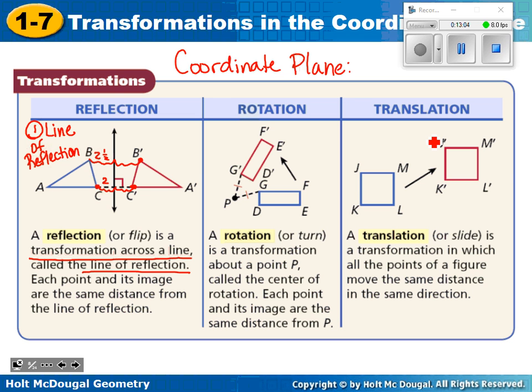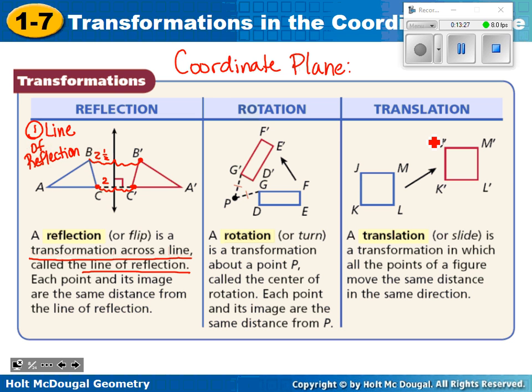So if you don't know that, I would make myself a little note on my paper right now. If it is a vertical line, then it is always going to be x equals a number. If it's a horizontal line, it's always going to be y equals a number.